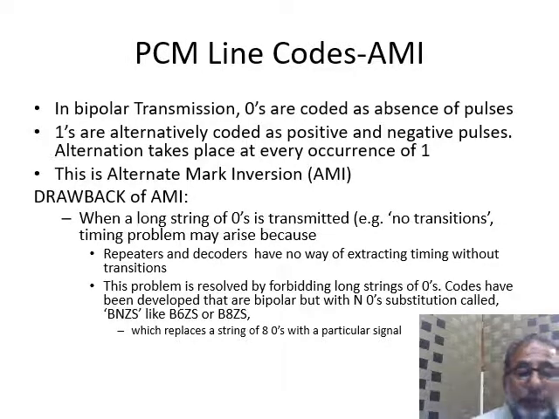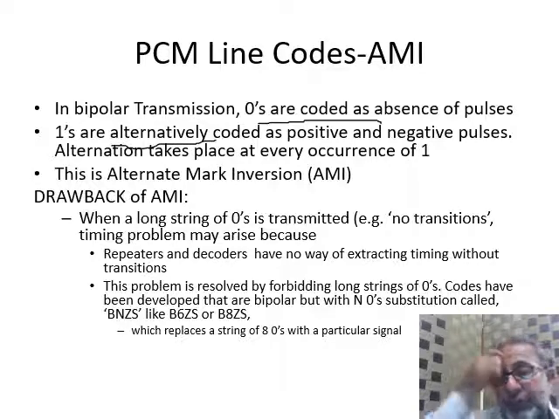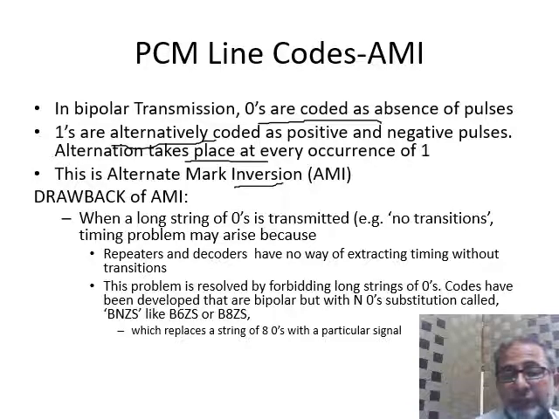Now let's see what is alternate mark inversion. In bipolar transmissions, zeros are coded as absence of pulses. Ones are alternatively coded as positive and negative pulses. Alternation takes place at every occurrence of one. That's why it is called alternate mark inversion.